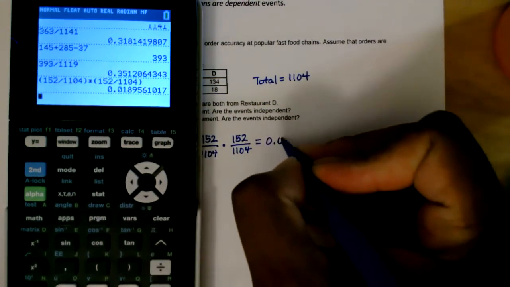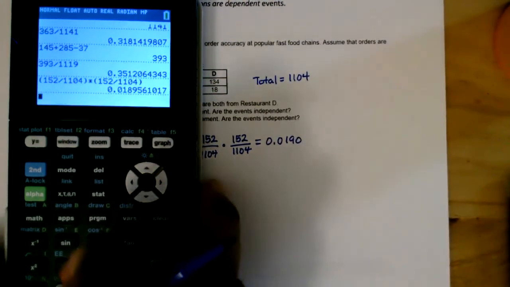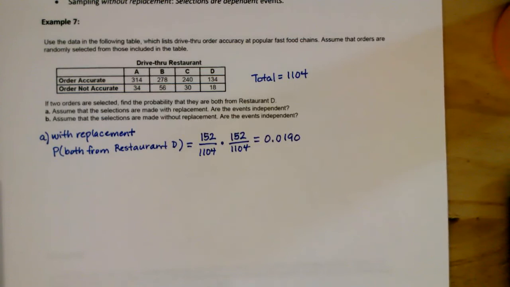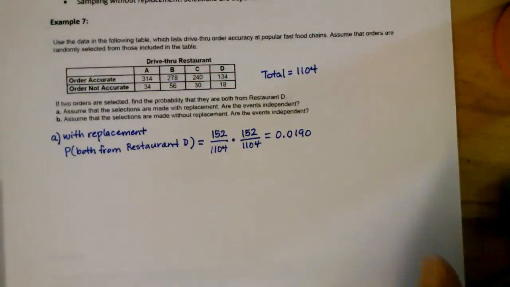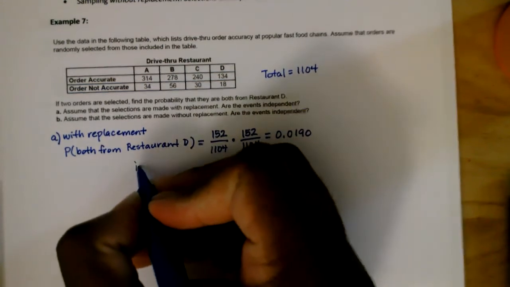So I'll have 0.0190. That represents a probability that the two orders randomly selected are both from restaurant D, and that is with replacement. And are the events independent? Here, sampling with replacement, the selections are independent. So here we have independent events.